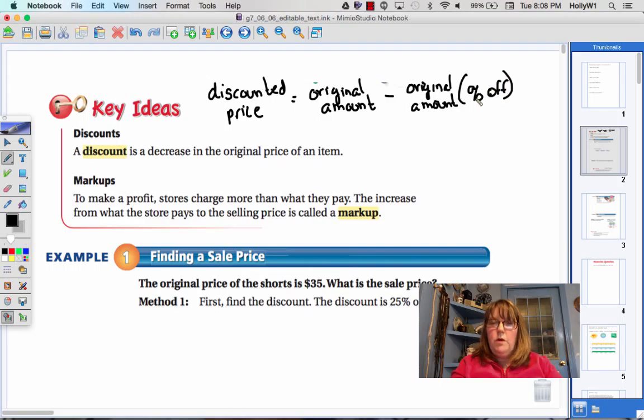This formula will help you a little bit in your homework to figure out how to solve some problems, and we'll talk about this a little bit.